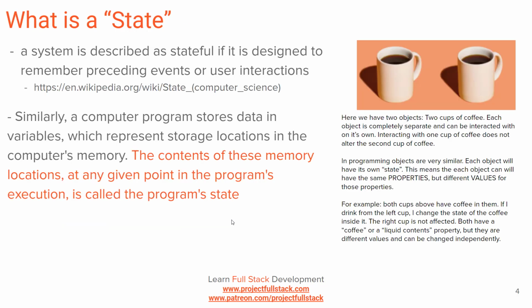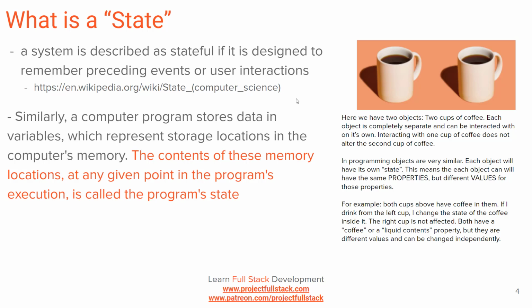So basically, what is state? This is a Wikipedia definition. A system is described as stateful if it is designed to remember preceding events or user interactions. What that really boils down to is, a computer program stores data in variables. We should be familiar with that. Those variables actually just represent some type of spot in memory. They represent storage locations in the computer's memory.